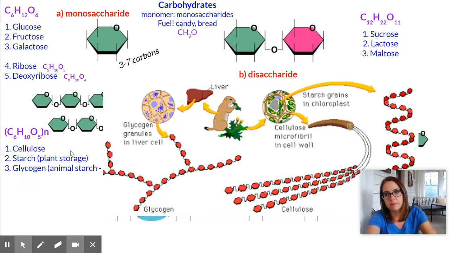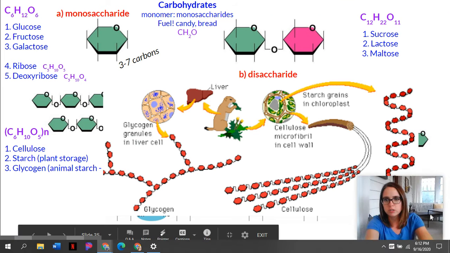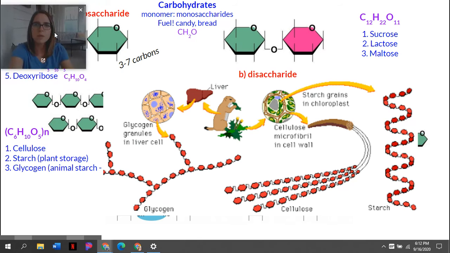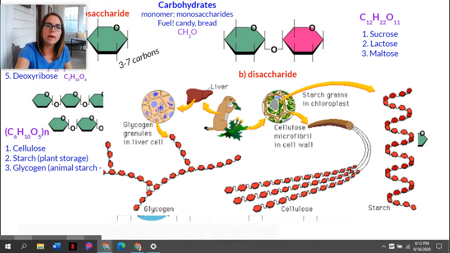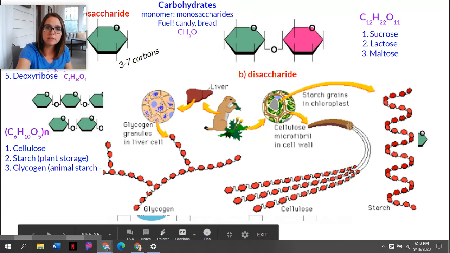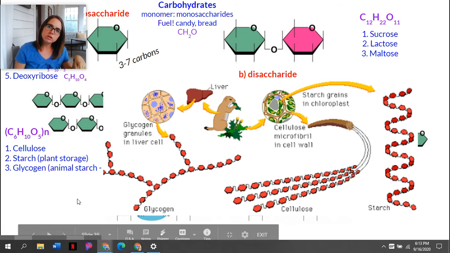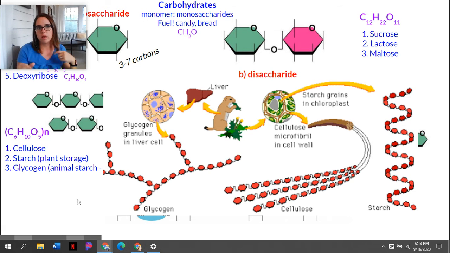Oh, I'm getting ahead of myself. Here's a very blurry picture, I'm sorry, but it shows you the different ways that polysaccharides have chains. So this is showing glycogen, and it's kind of this long branching chain. Cellulose in the cell walls of plants is more tubular, very tough and rigid.